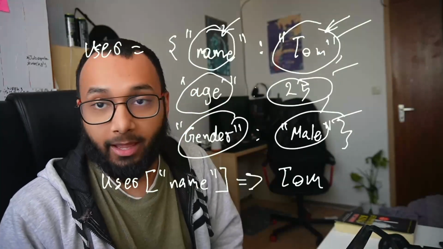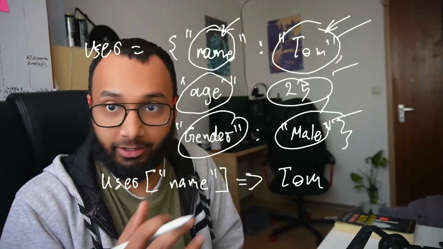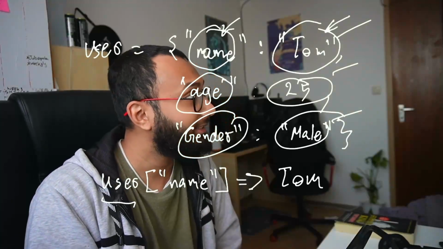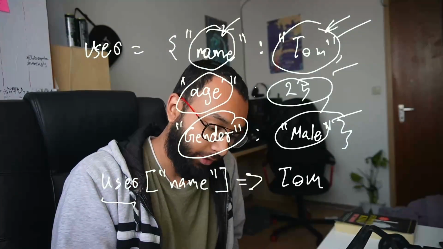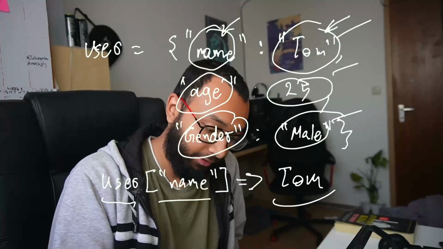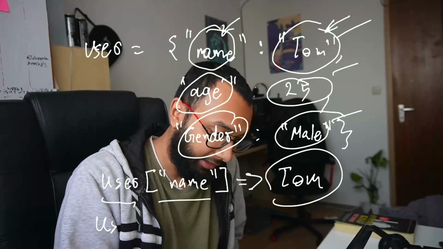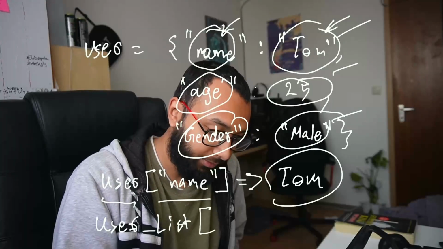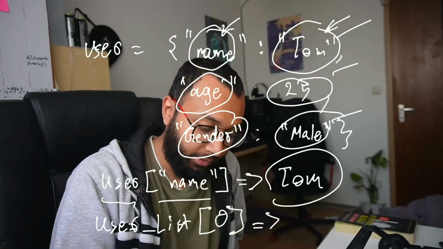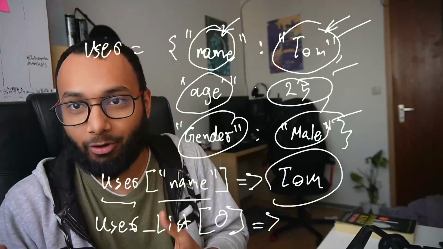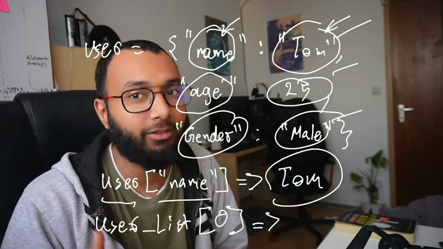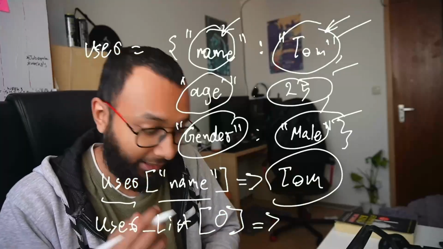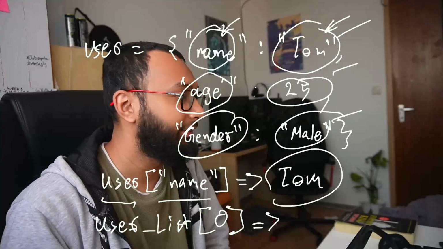For example, if you want to find the name of the particular user in the users dictionary, we would just say user and then access the specific key, which is name, and we get the value of Tom. But if we had a user list and we specify the 0th element, we would get the name Tom. But what if the 0th element is not the name and we don't even know what that is? That is solved by dictionaries.